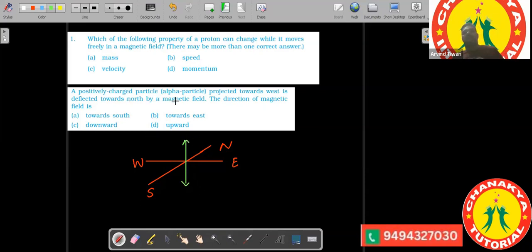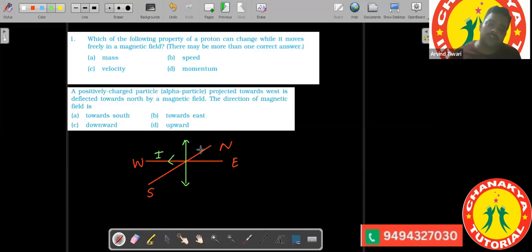Let's try to make what the question says. Positively charged alpha particles are projected toward west. So of course they are moving from east. This is the direction of current I. They are deflected towards north.